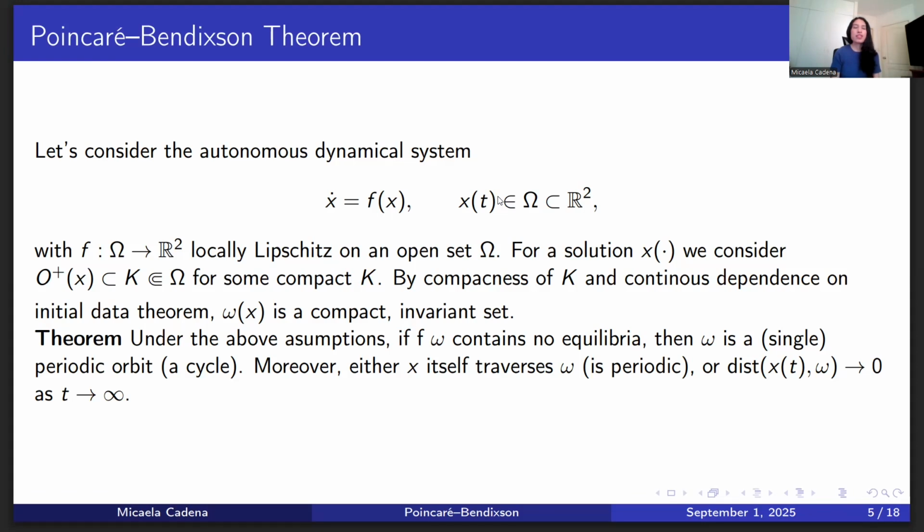So this theorem is not about doing calculations, but rather is about the behavior of the solutions of the dynamical system.